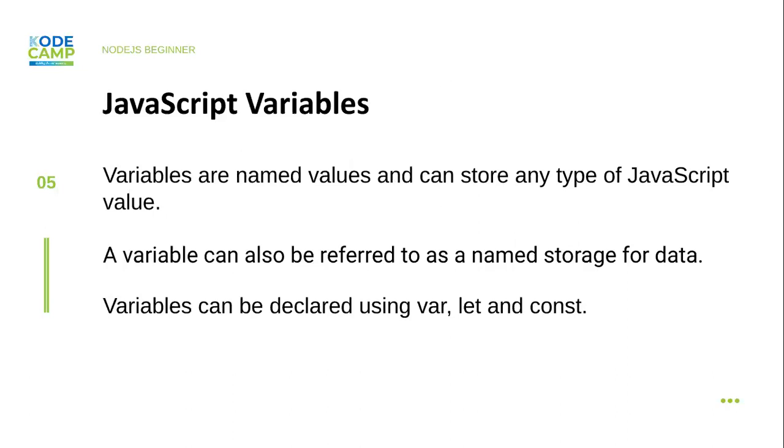So variables are named values that can store any type of JavaScript value. That means there are data types that JavaScript can accept. A variable can also be referred to as a named storage for data.